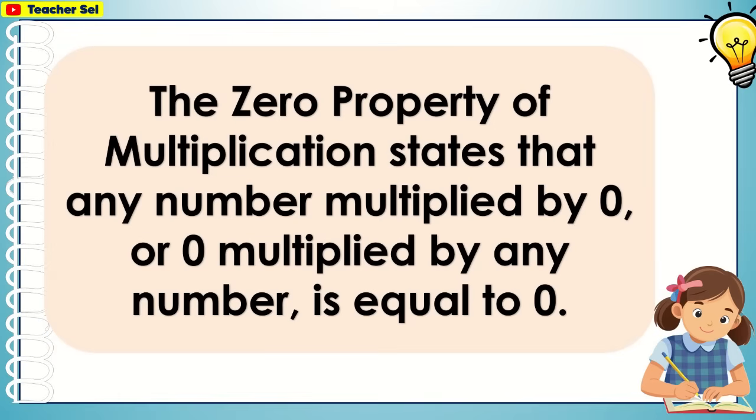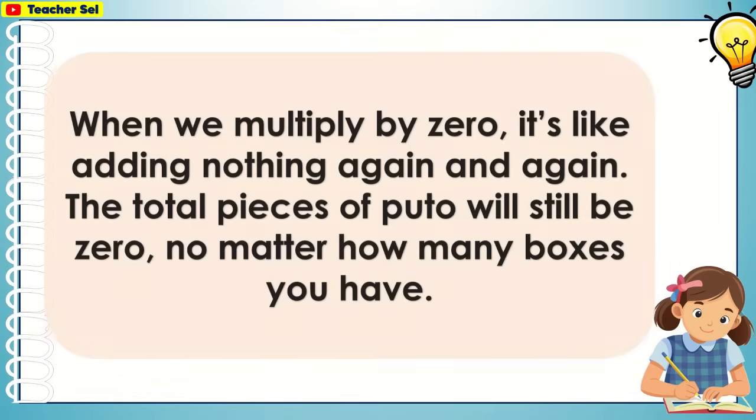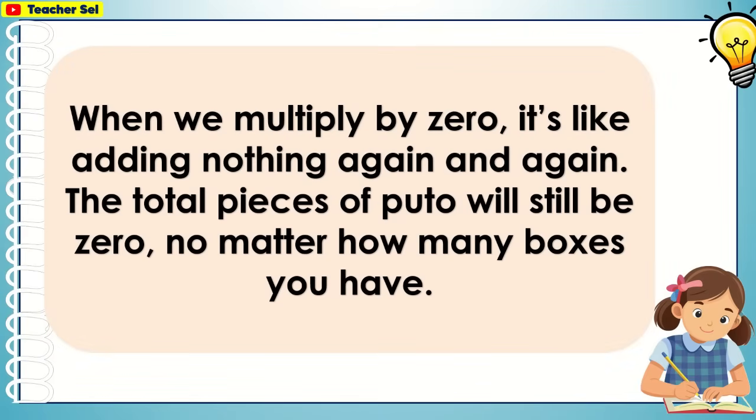The zero property of multiplication states that any number multiplied by 0, or 0 multiplied by any number, is equal to 0. When we multiply by 0, it's like adding nothing again and again. The total pieces of puto will still be 0, no matter how many boxes you have.